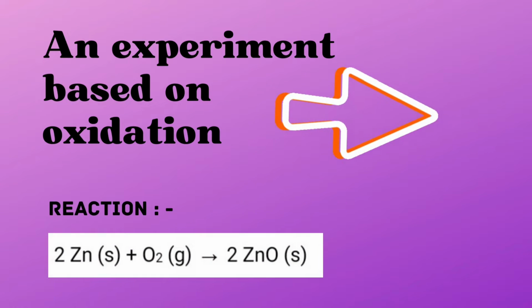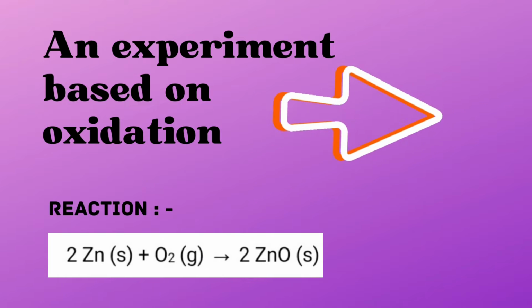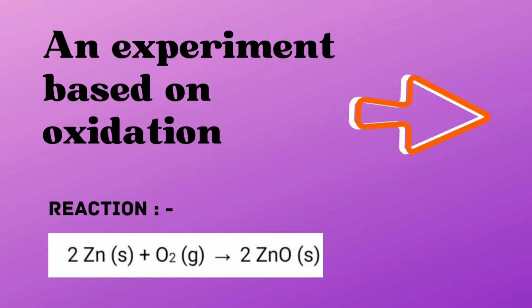Here's an experiment based on oxidation. In this experiment, we heat zinc in a test tube to form zinc oxide. First, we add a small amount of zinc dust to a test tube using a spatula.